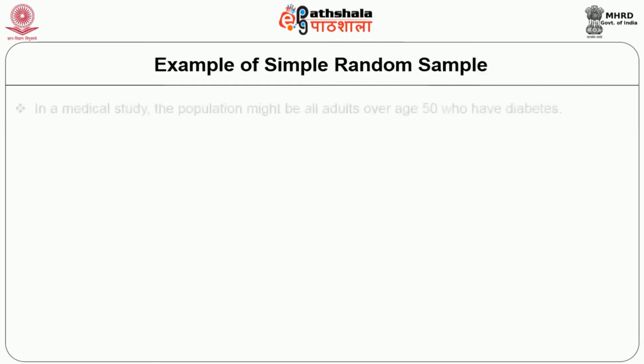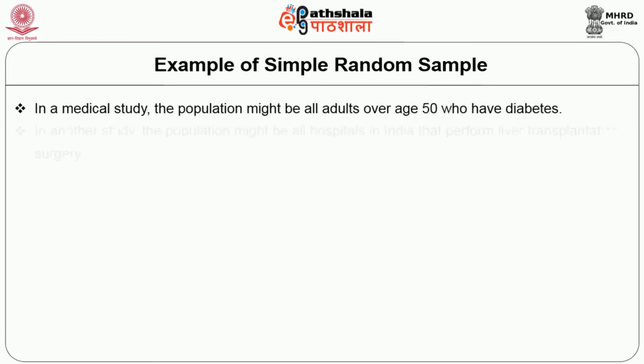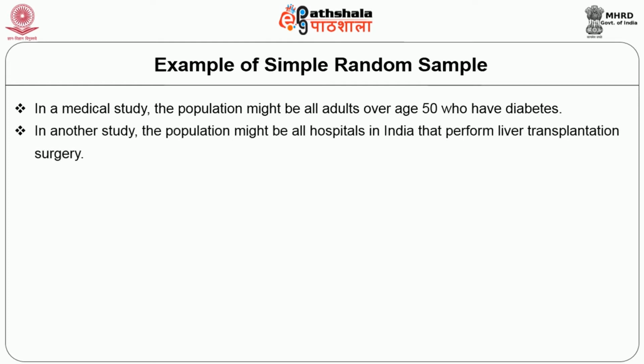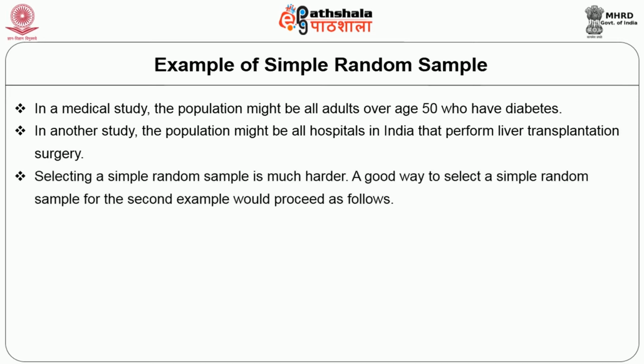For example, in a medical study, the population might be all adults over age 50 who have diabetes. In another study, the population might be all hospitals in India that perform liver transplantation surgery. In these studies, selecting a simple random sample is much harder.